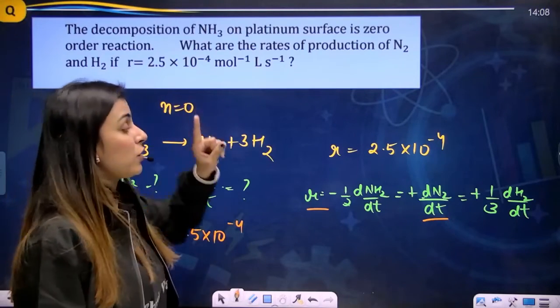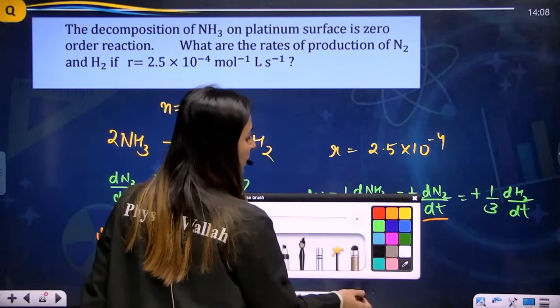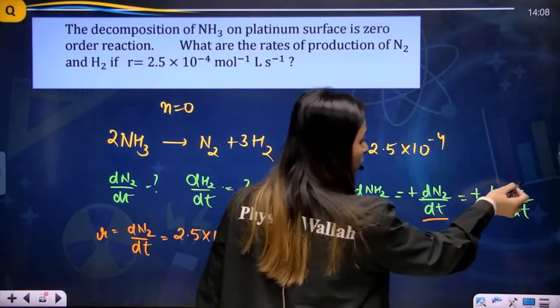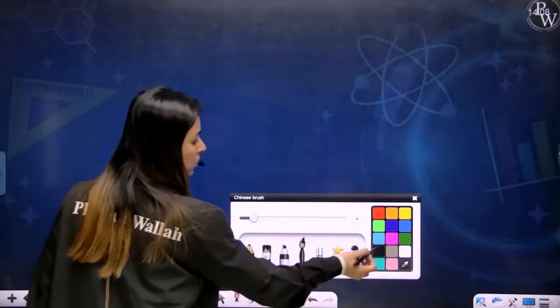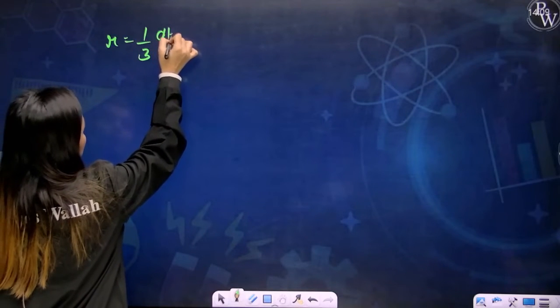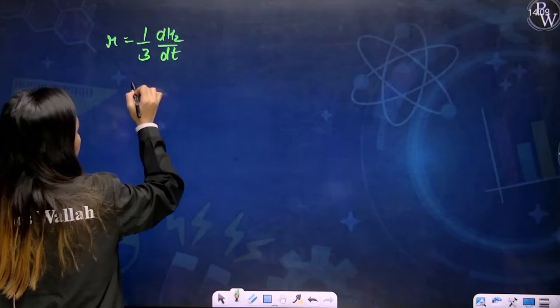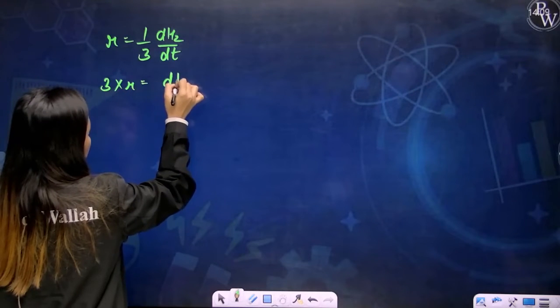Next, you have to calculate for H2 as well. For H2, you will compare this rate with this part. Can I say that R is equal to 1 by 3 d[H2] by dt? This means that 3 into rate will be equal to d[H2] by dt.